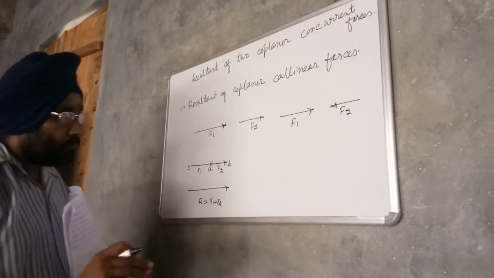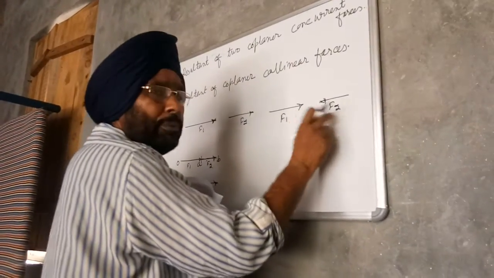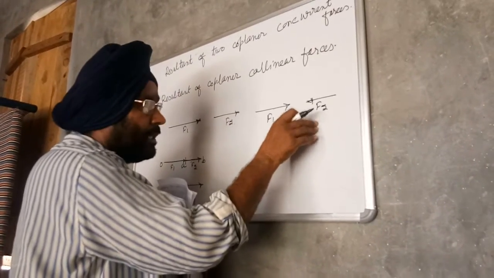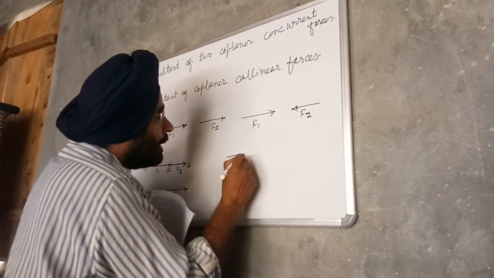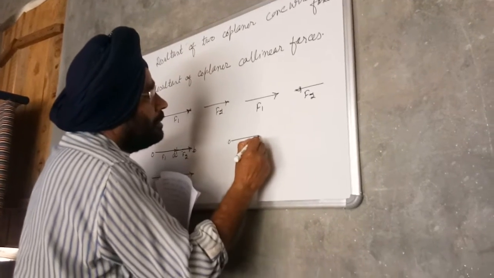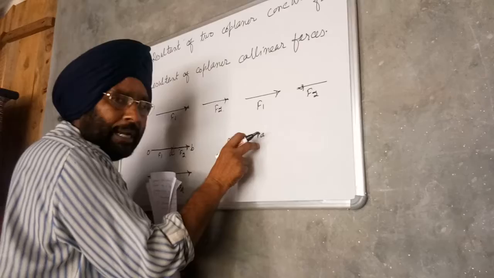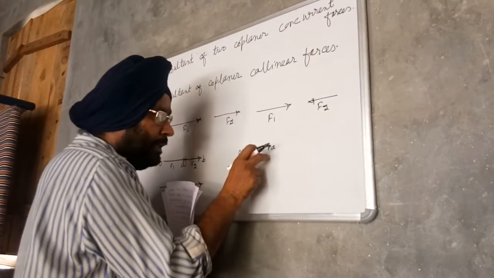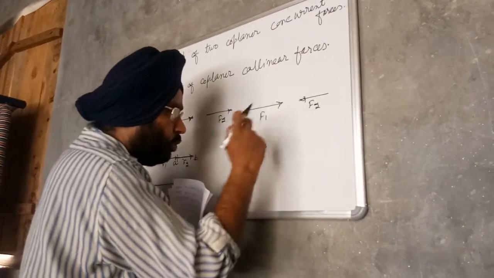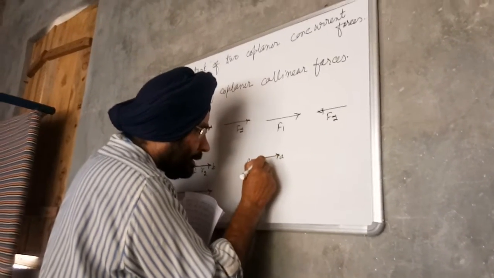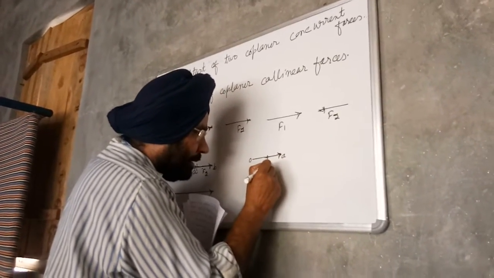Now if these two forces F1, F2 act in the opposite direction, to find the resultant graphically, we draw the vector OA. It represents the force F1. The length of the line gives the magnitude of the force F1 and the arrowhead gives the direction. Then force F2 is represented by vector AB.